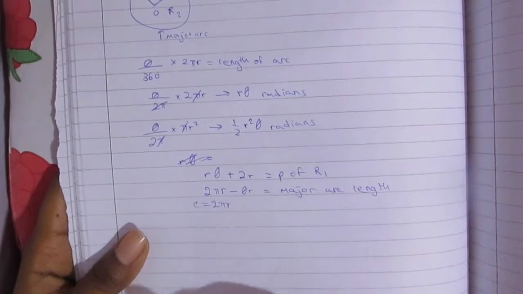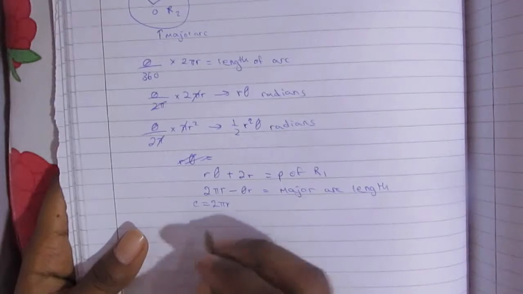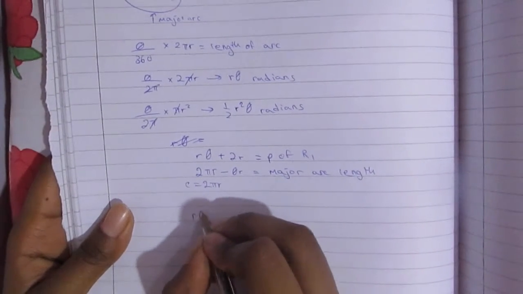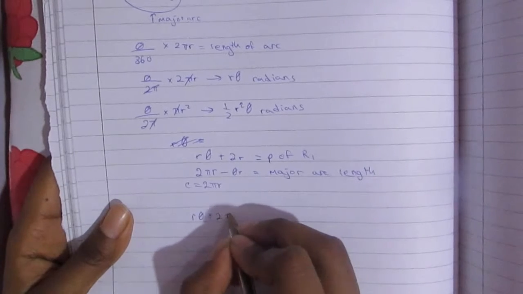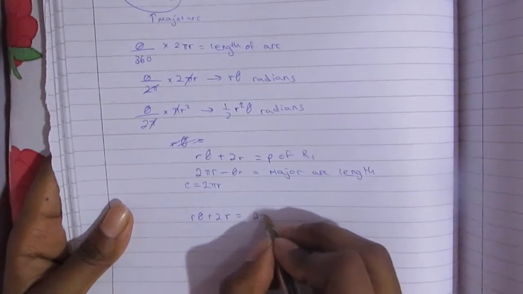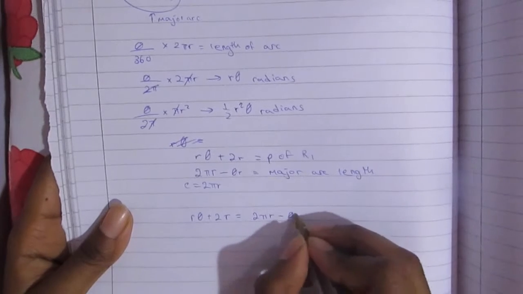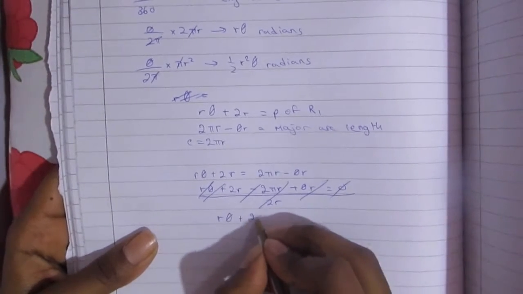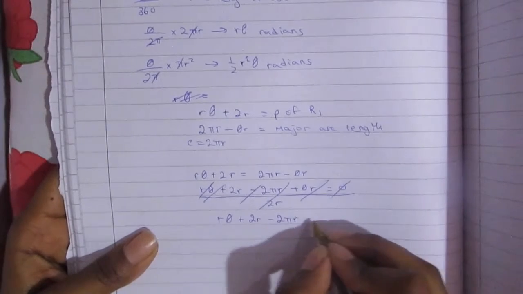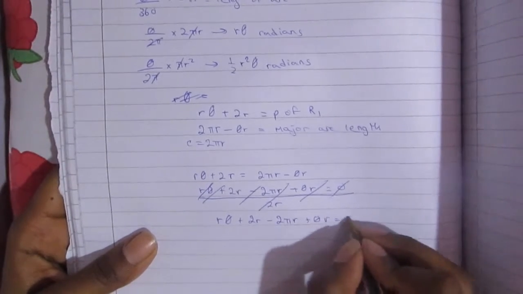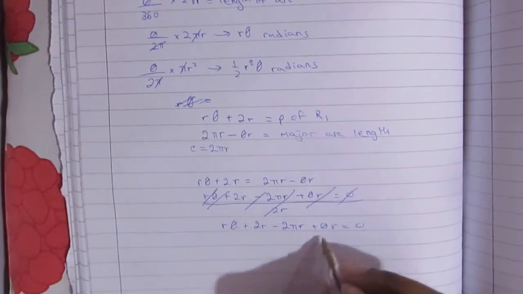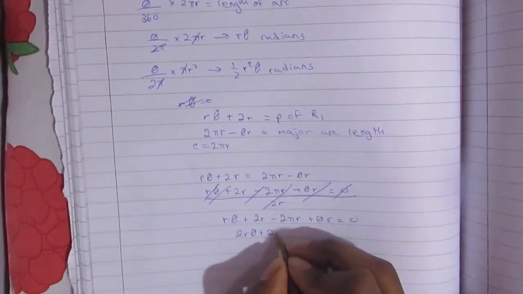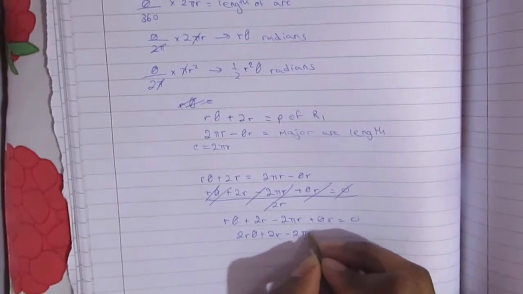And now in the question it did say the perimeter of R1 and the major arc length are equal to each other. So what we're going to do is place an equal sign between those two expressions. So r theta plus 2r is equal to 2 pi r minus r theta. And we're just going to move them all to one side and then simplify it. So r theta plus 2r minus 2 pi r plus theta r, don't mess up the signs. And we can just divide by 2r since it is common in all of them.